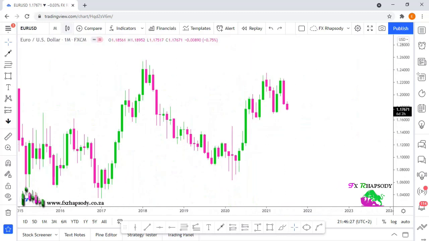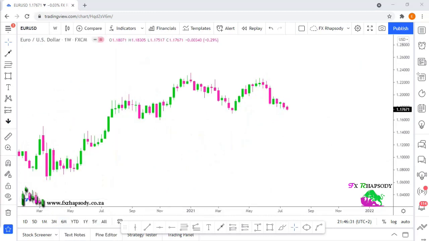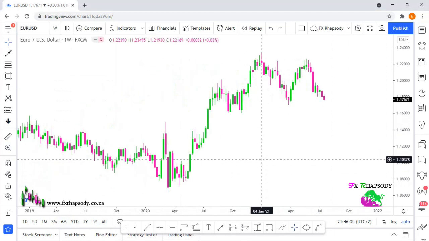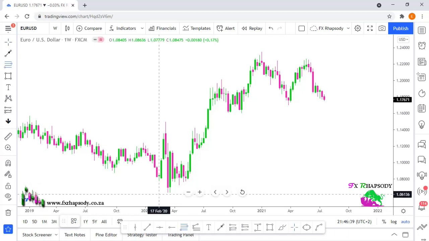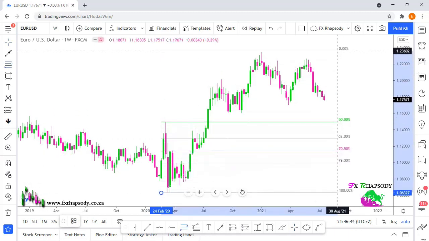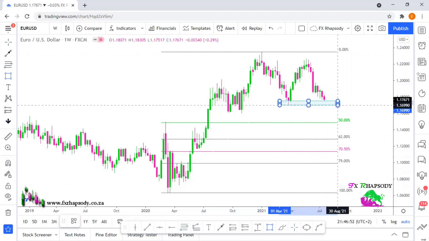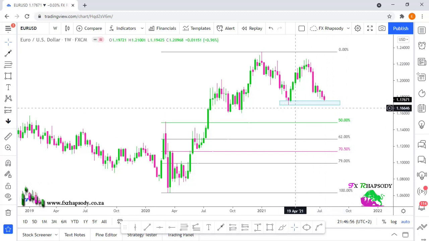Let's roll down to the weekly time frame. What we see on the weekly time frame, if we take out our Fibonacci from the very low to the very high, we can see that price is currently sitting very nicely on that area over there of support.